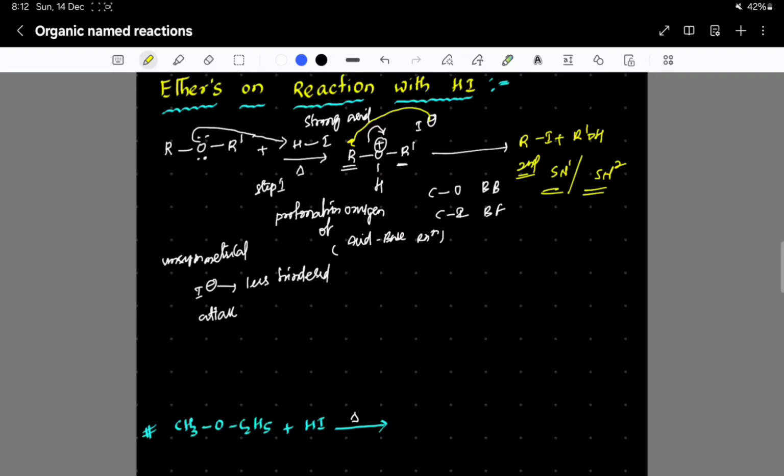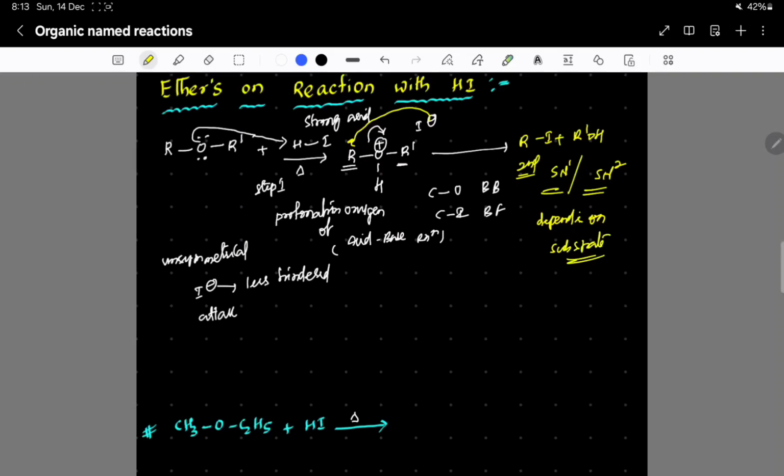The reaction proceeds through either SN1 or SN2 depending on your substrate.